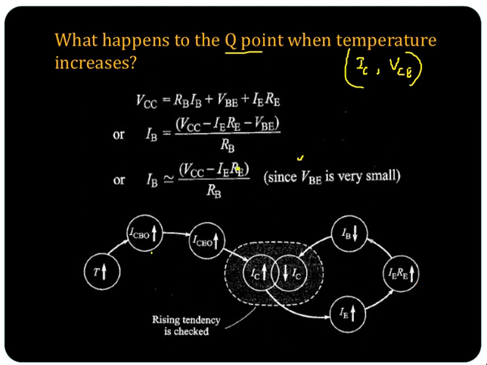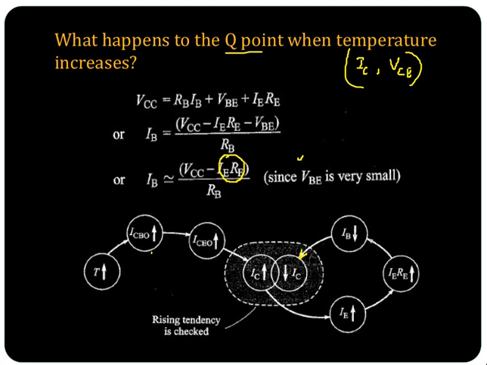When IERE drop increases, from this expression you can see IB will tend to decrease, and since IB decreases, IC will again show a tendency to decrease, or it will remain in the stable region or close to the operating point which you have fixed for that particular base current.